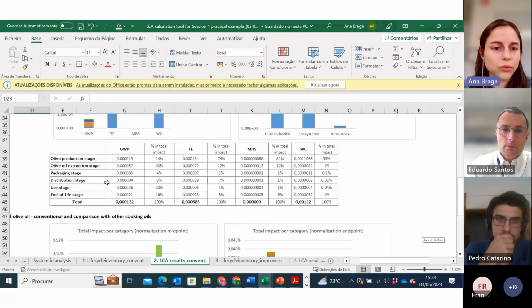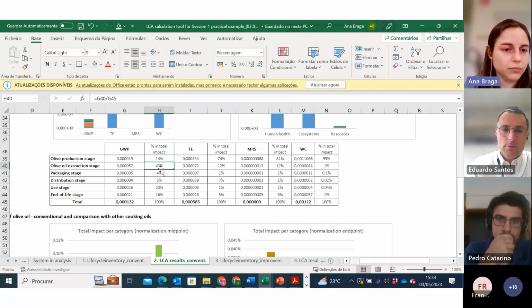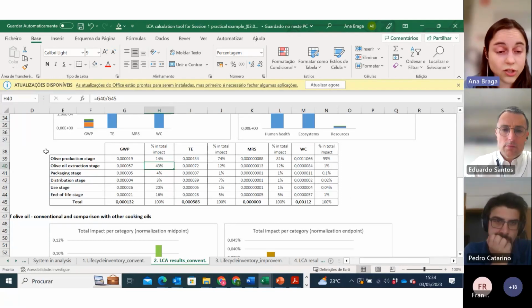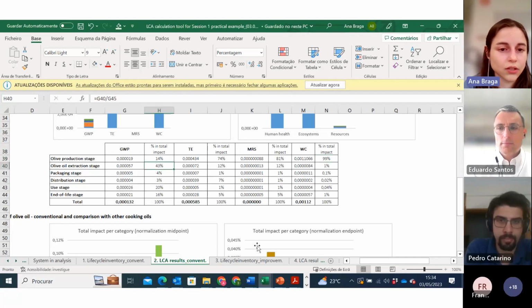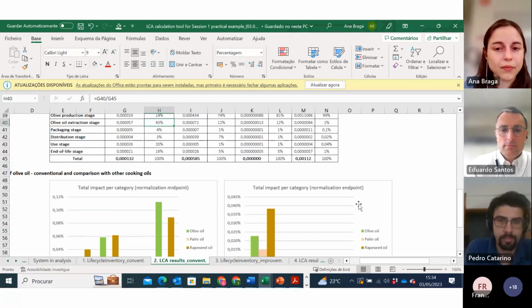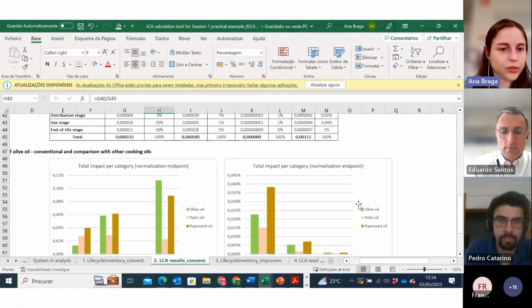So here you have a table that shows a little better the percentage of the contribution of each stage. Yes, we can see that the olive production has the biggest impact here, and then the extraction in global warming. Okay. So this is our results.